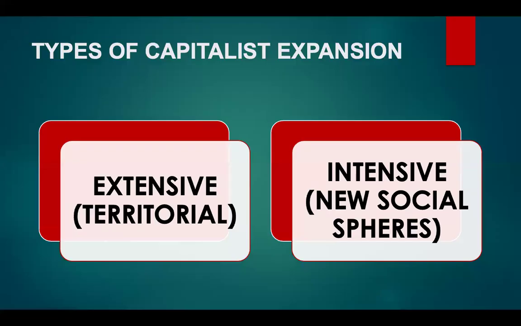So how are extensive and intensive expansion interconnected? Both of them are very connected and often occur together, reinforcing each other. Colonialism, the extensive one, during the Industrial Revolution, European expansion provided raw materials, cotton, rubber, which fueled mechanized factory production.